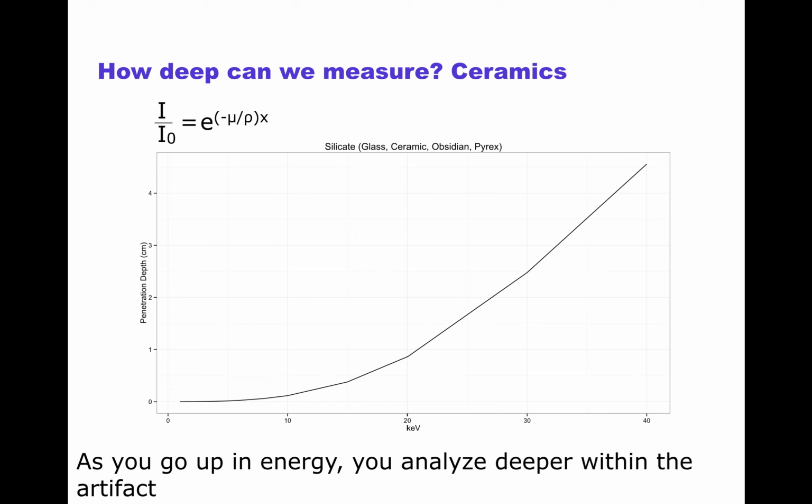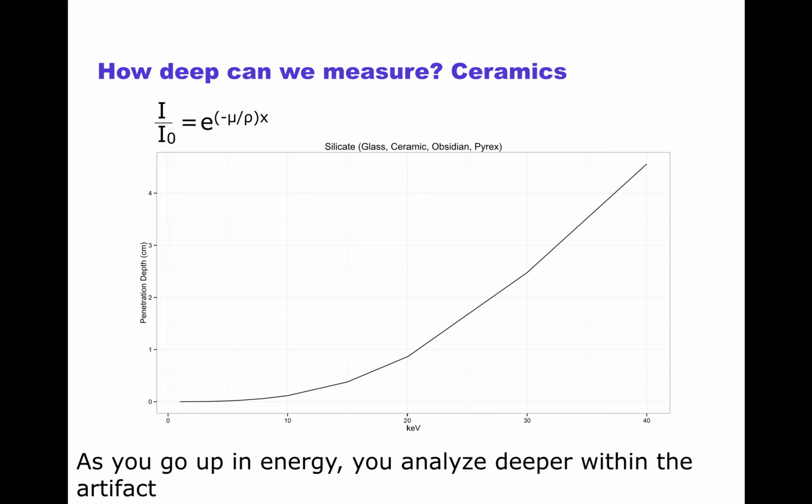Here I've plotted out the values for a borosilicate, the deepest we would likely measure in a given silicate. On the x-axis we have energy from 0 to 40 keV, and on the y-axis we have penetration depth from 0 to 4 centimeters. This assumes only 1% of photons return from our sample. Silica, which fluoresces at 1.7 keV, would be extremely superficial analysis.